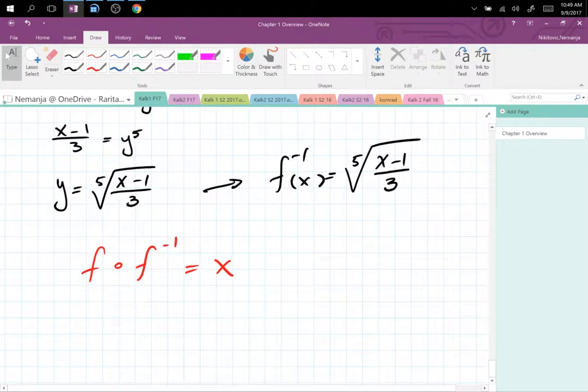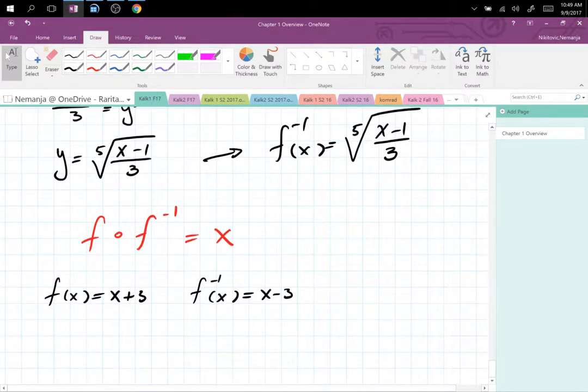We can test this with easy functions, hard functions, it doesn't matter. It will always work. It's a theorem. So earlier I had that f of x is x plus 3, and the inverse was x minus 3. Oh, actually, I should write the other one as well. If you compose the inverse with the function, if you swap them, you still get the same x. So no matter which way you compose them, you always get x back. No or, and. So both of these hold.